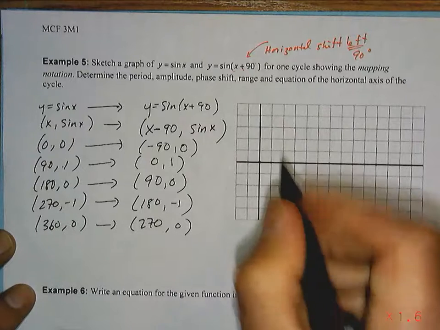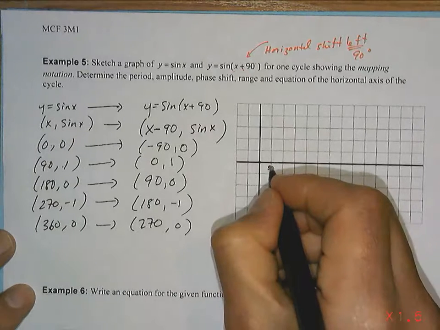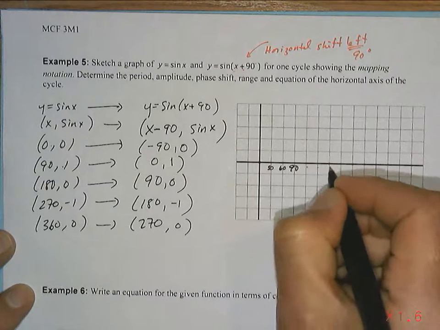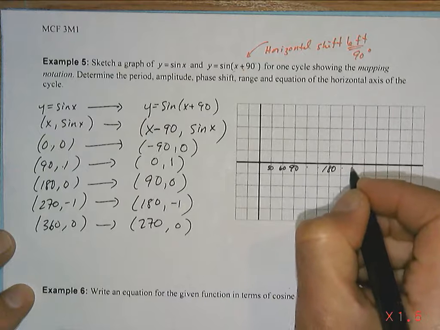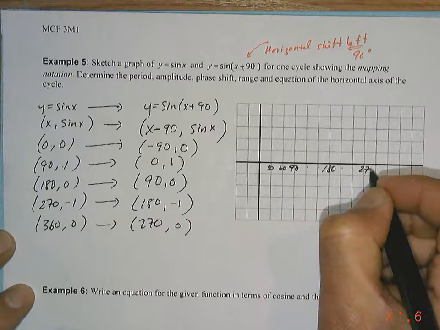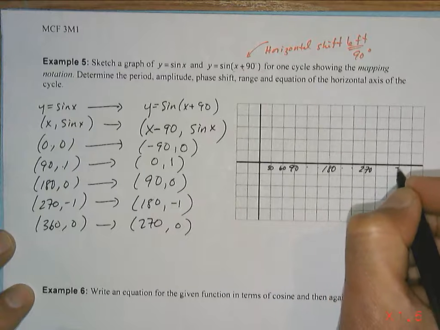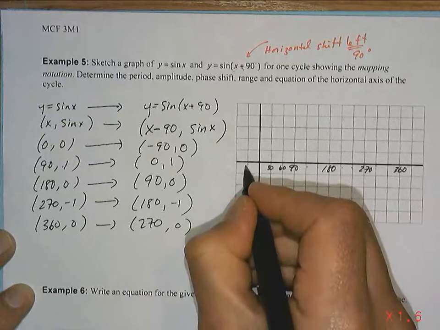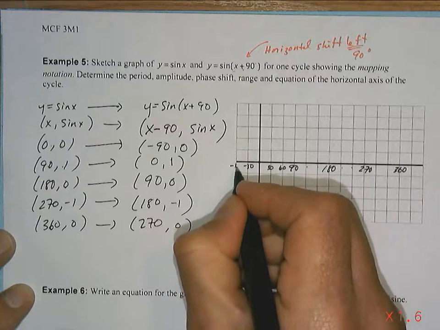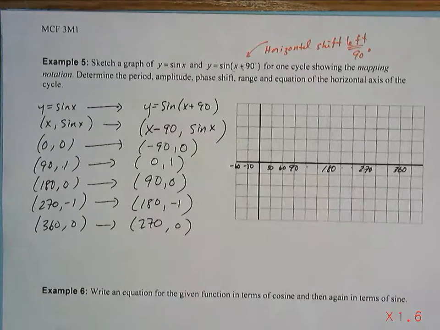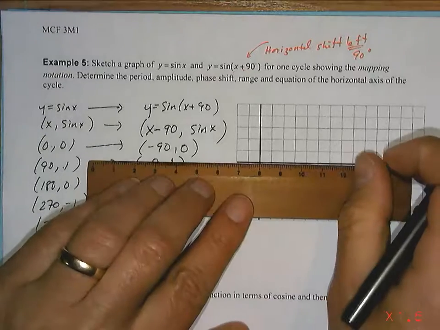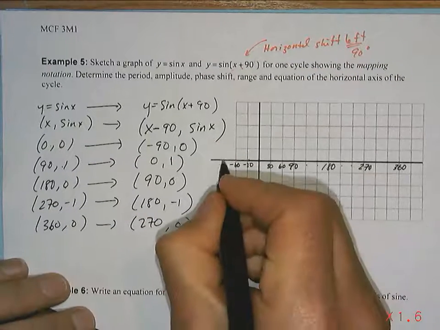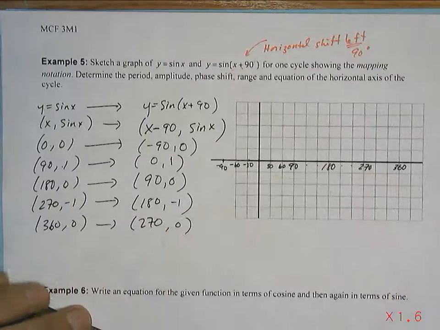Well, to do that, I'm going to go 30, 60, 90. And I have to go to the left. So this will be -30, -60, and I need just a little bit more axis here. -90.